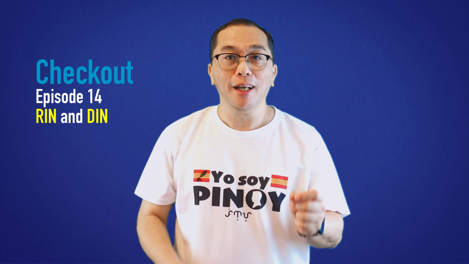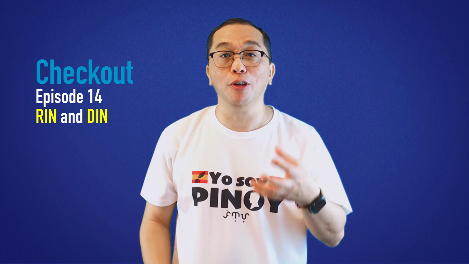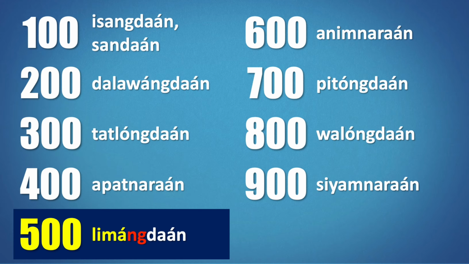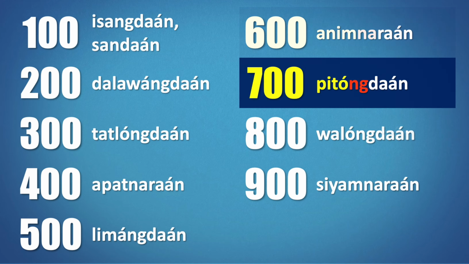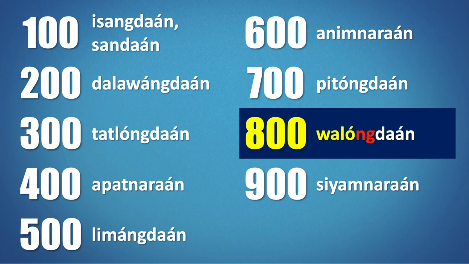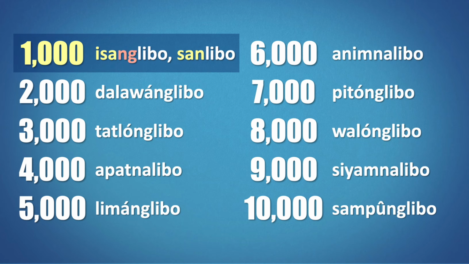If you have seen episode 14 on rin and din, daan and raan follow the same phonological principles. Alright? Moving on. 500, 600, 700, 800, 900.